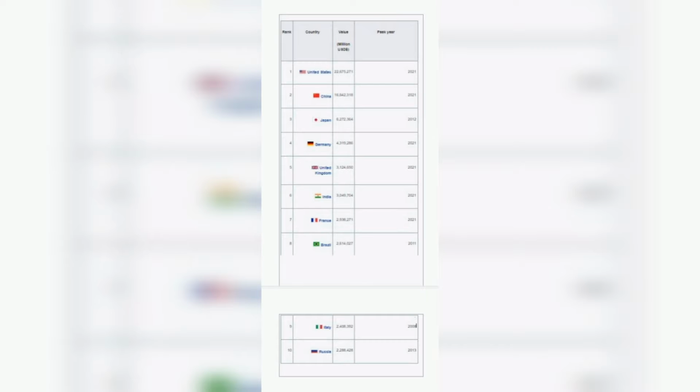Anyway, on the seventh number, there is France by $2.9 trillion. On 8th, there is Brazil by $2.6 trillion. On 9th, there is Italy by $2.5 trillion. And on the 10th number, there is Russia by $2.2 trillion. So that is the list of top 10 countries by nominal annual GDP.